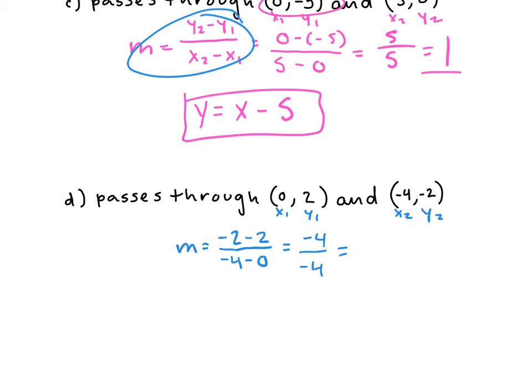What's negative 4 divided by negative 4? Can we simplify this? It's 1. It simplifies to 1. So our slope is 1. So how do we write this in slope-intercept form?